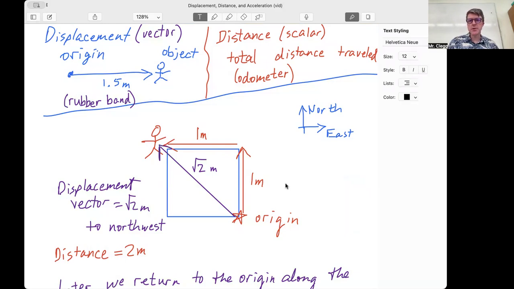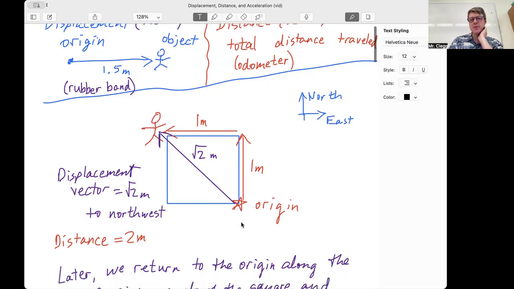The other concept here is the distance, which is the total distance traveled, and this is like the odometer in your car. So in my example in the class, when I went around the square, I started up here, I went 1 meter, I continued on, my total distance was now 2 meters. As I continue around, 3 meters, 4 meters. By the time I got back to the origin again, my distance got to be 4 meters.